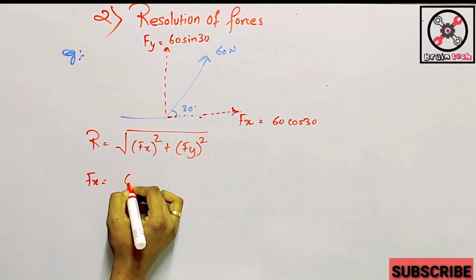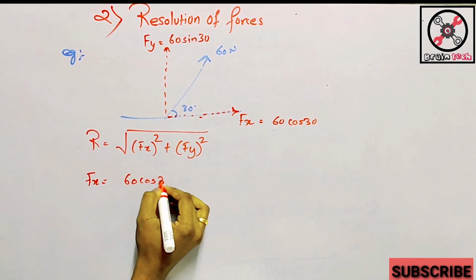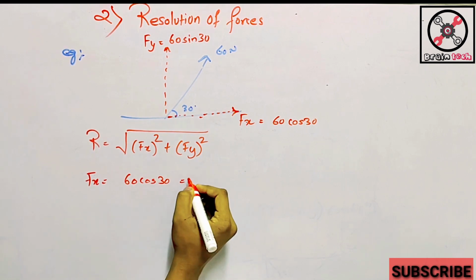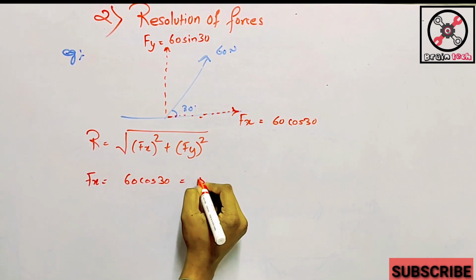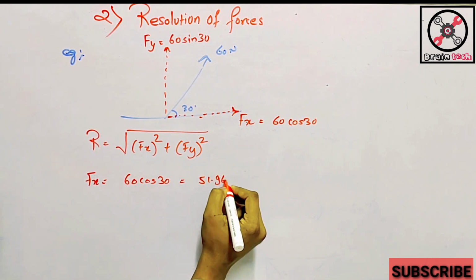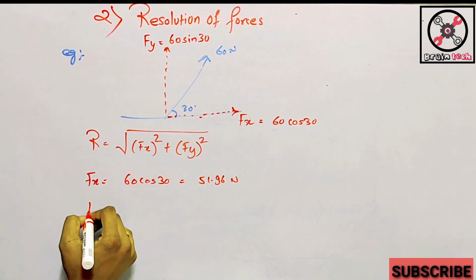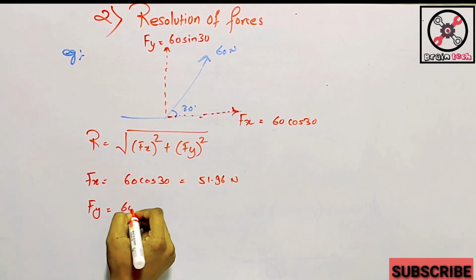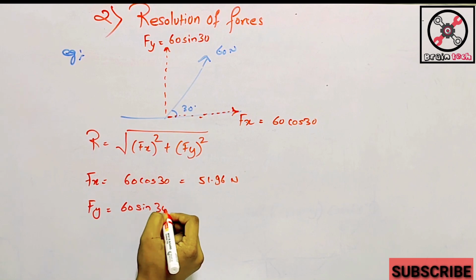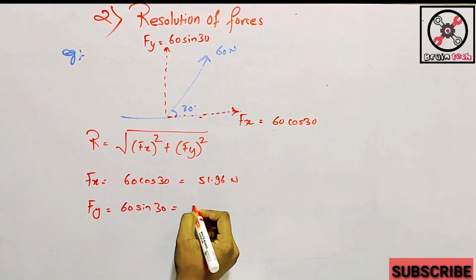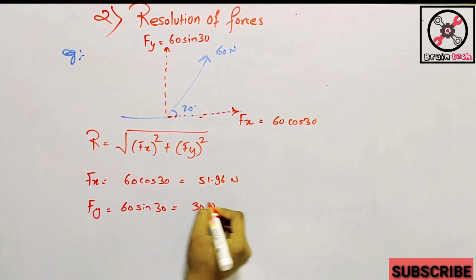So F_x is 60 cos 30, which is also equal to 51.96 Newton. F_y is 60 sine 30, which is also equal to 30 Newton.